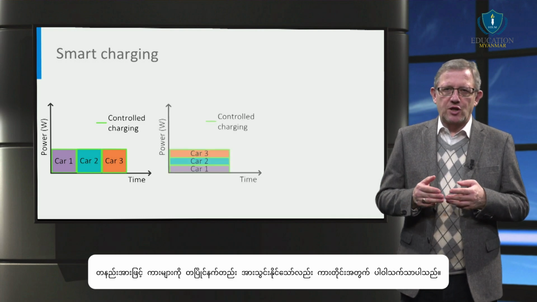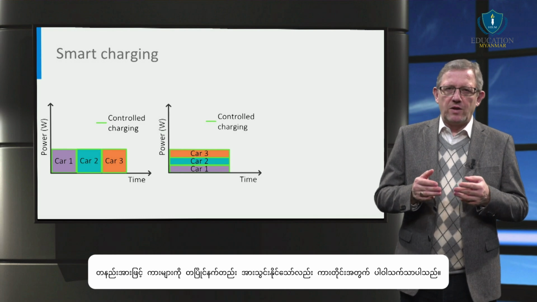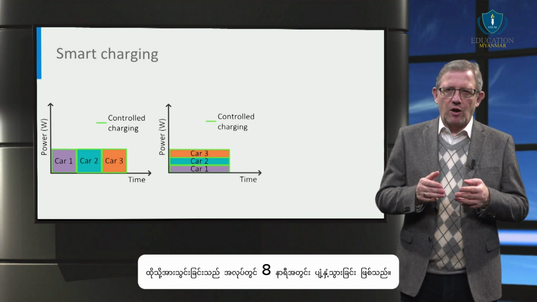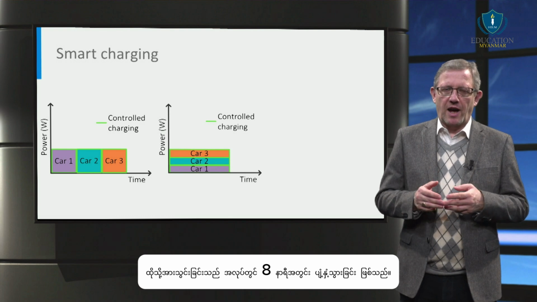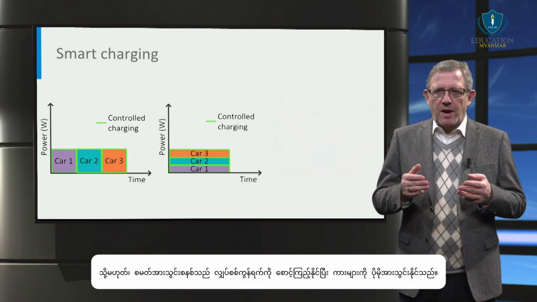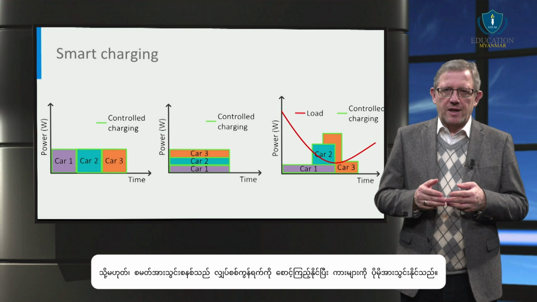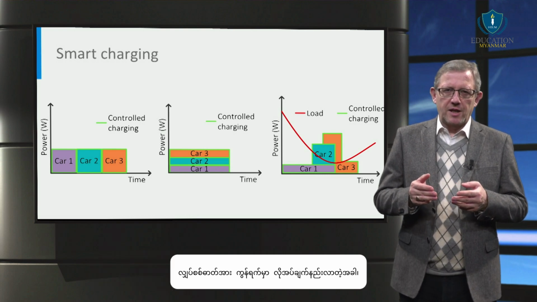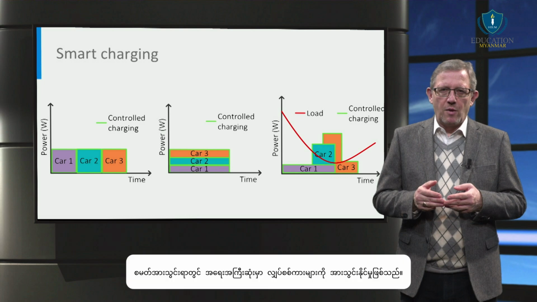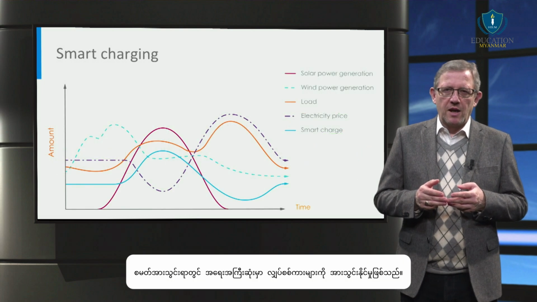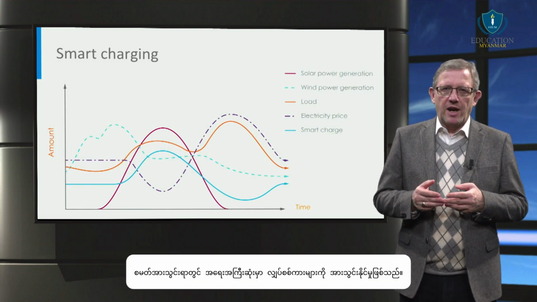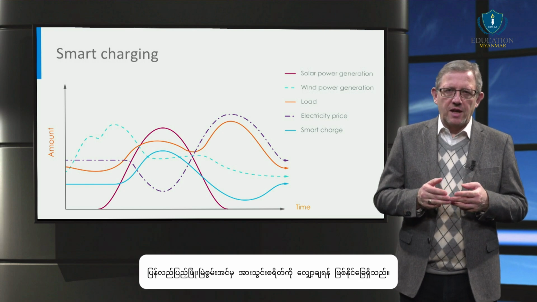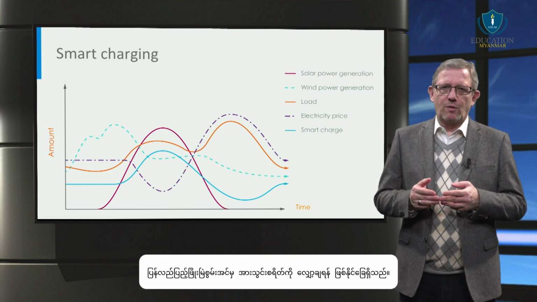Alternatively, the cars can be charged at the same time, but with a lower power for each car, such that the charging is spread over the 8 hours of work time. Or the smart charging system can monitor the electricity network and charge more cars when there is less demand on the electricity network. The most important use of smart charging is the ability to allow the charging of electric vehicles from renewable energy sources and the possibility to reduce the cost of charging this way.